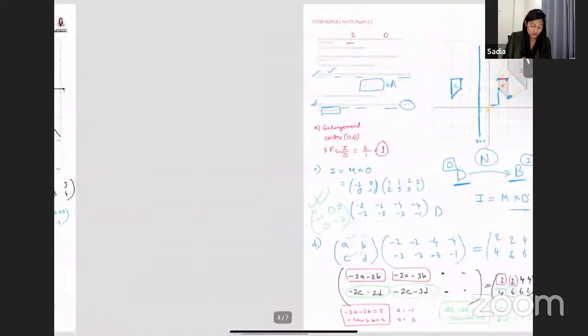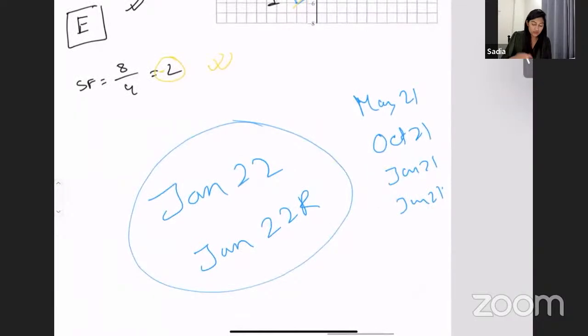Okay, so in total, we have covered 6 questions. So 2021 and 2022. So that's the end of today's live session. So we just solved all the recent matrix related problems from Math B paper 2 questions.